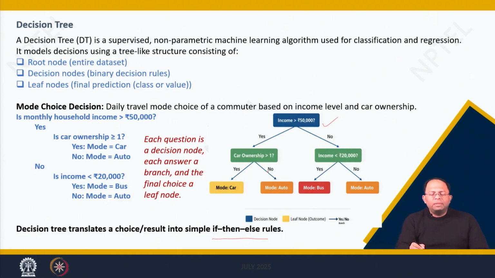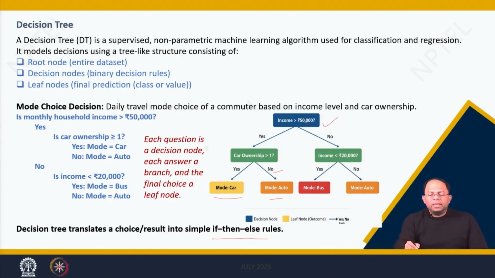Now what I find from the samples is that when income is greater than 50,000 and car ownership is greater than 1, and the answer is yes, then the choice that person will make will be car. In the other case, if income is greater than 50,000 but he doesn't own more than one car, so he says no, then the choice would be auto rickshaw.